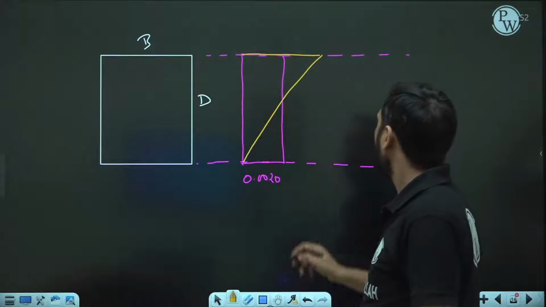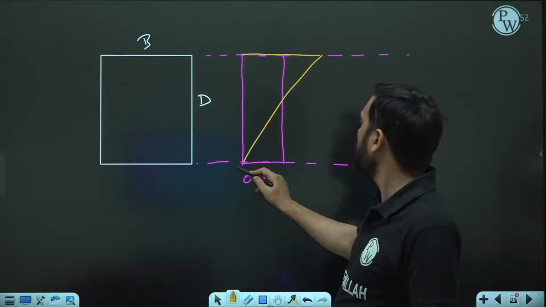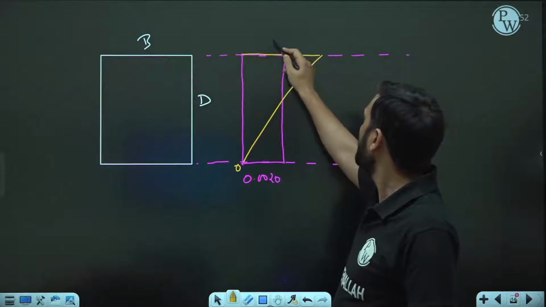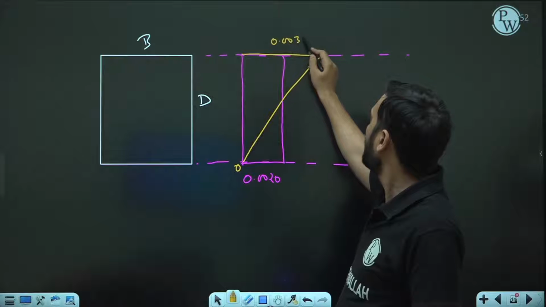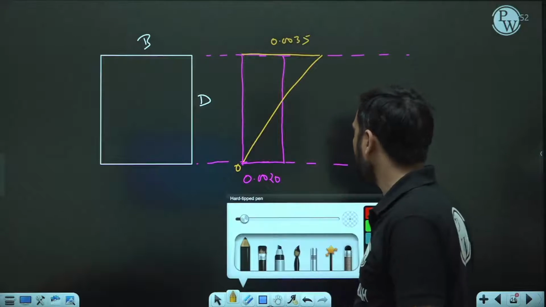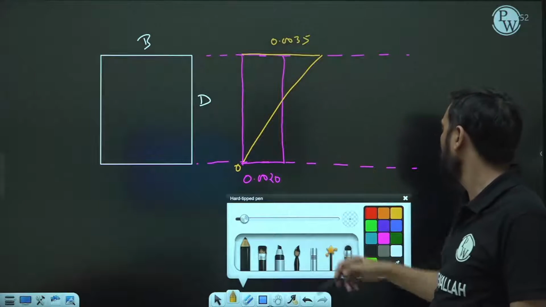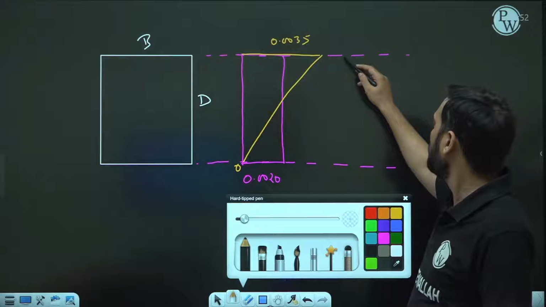Here when no tension is developed, strain here is 0 and strain here is 0.0035. Now my dear friend, any practical case is going to be between them only. So in such scenario, what to do?